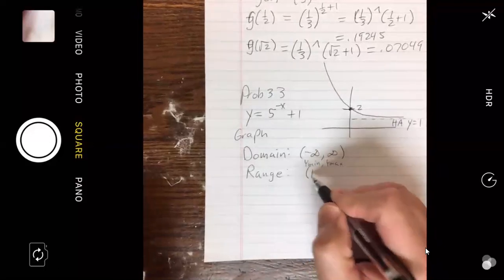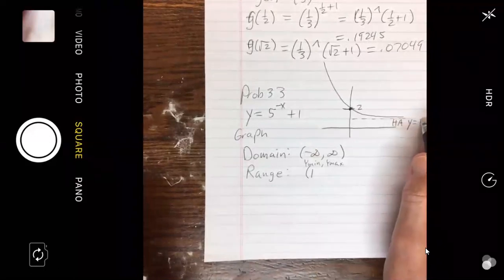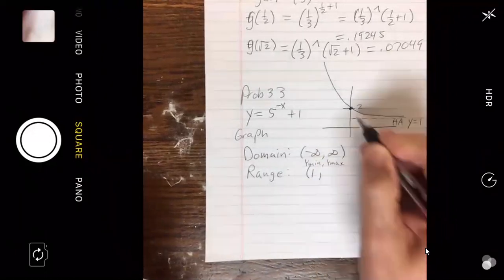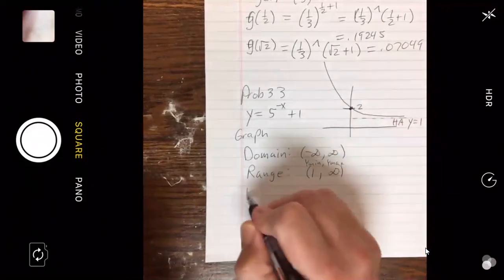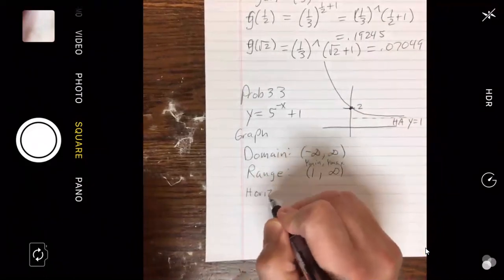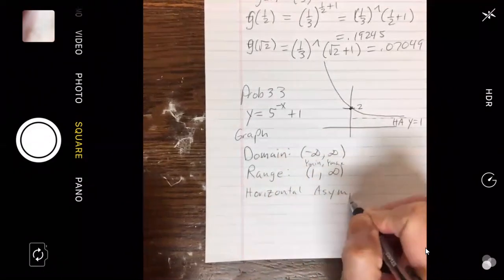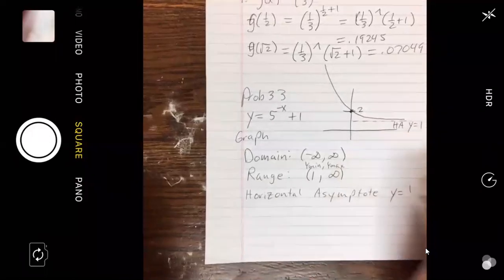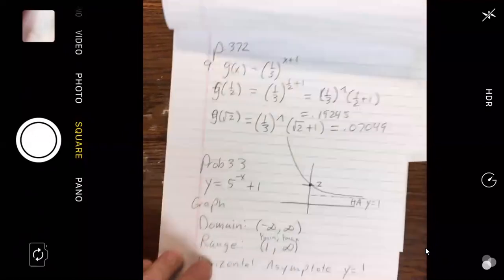You use parentheses to show it doesn't exactly include 1, but it's using 1 as the boundary, even though it never hits 1 exactly. And you're going off to infinity. For the horizontal asymptote, I've already written it up here, y equals 1. All right, so that's the kind of thing they want you to be able to pick off of these graphs.